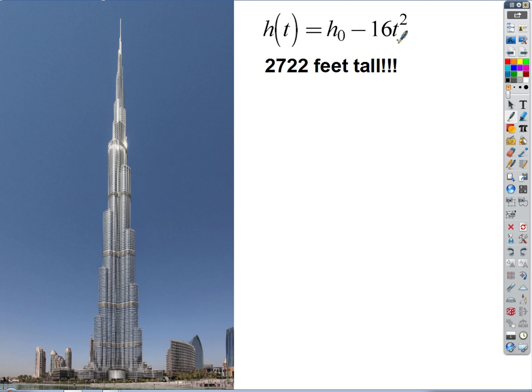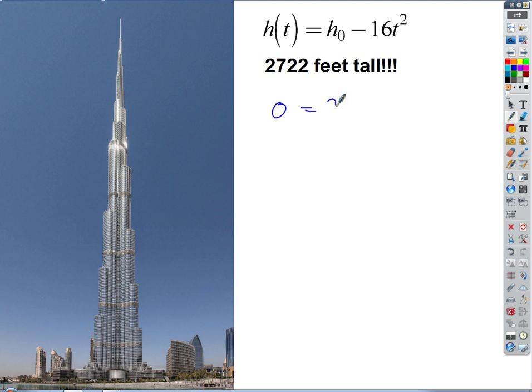So what am I going to plug in 0 for? For the height as a function of time. We want to find the time it takes to get to a height of 0, right? This is a constant, the initial height. So what is that for this building? Yeah, 2722.